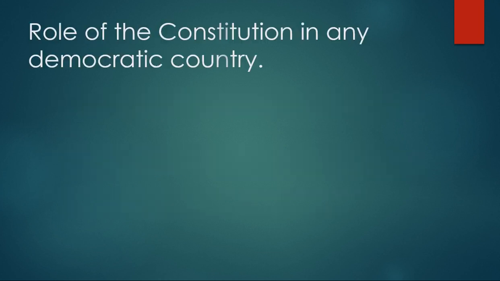Next is the role of the constitution in any democratic country. So first we discussed the need of the constitution. Next is the role. What are the different roles that the constitution plays in any democratic country?